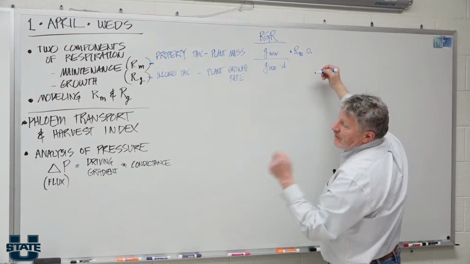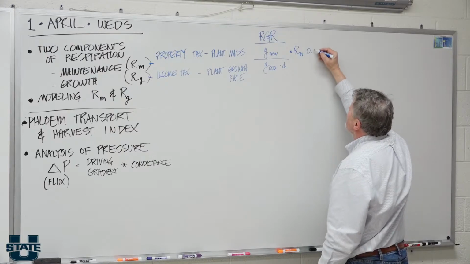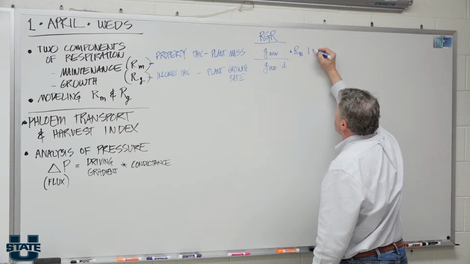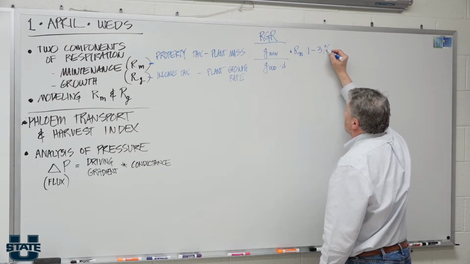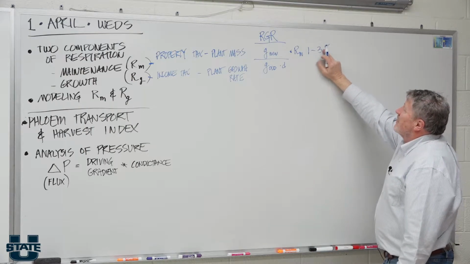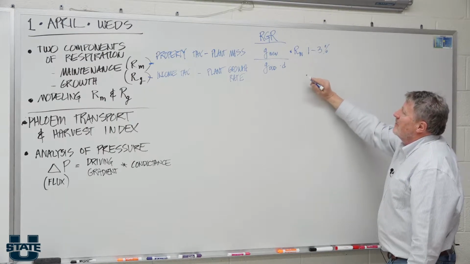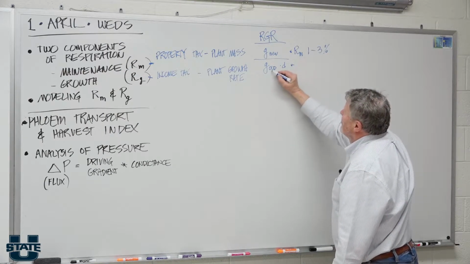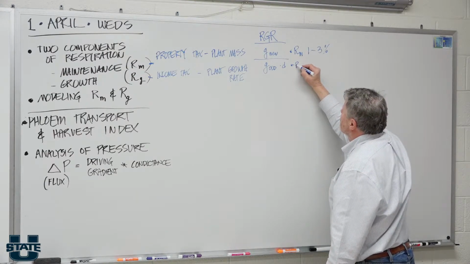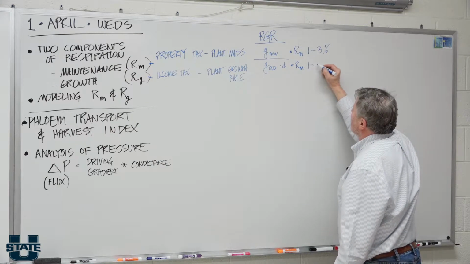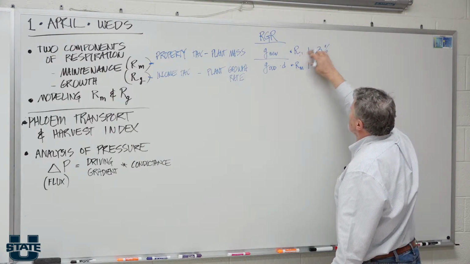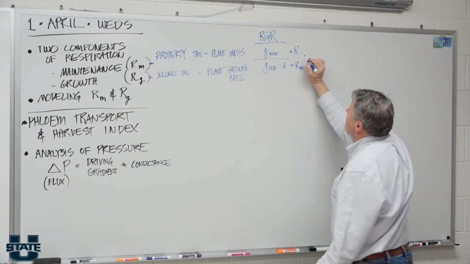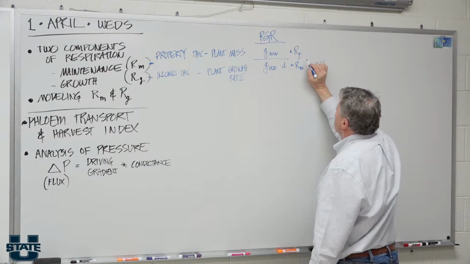Let's just put 1 to 3%. And actually for really old trees, it's even less than 1, so it's tiny. The old is times maintenance respiration, 1 to 3%. The new is times growth respiration.